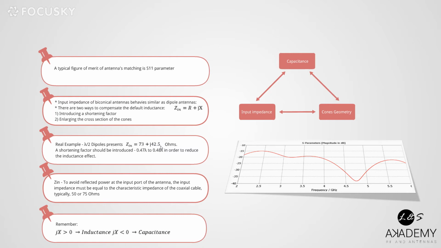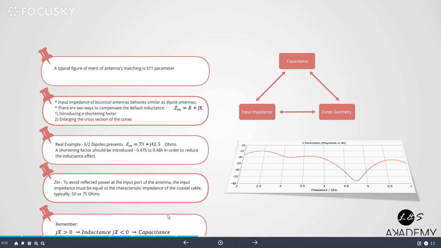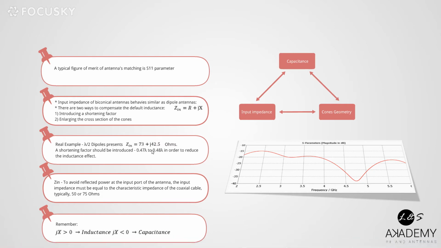In other words, if we introduce a shortening factor, we increase the capacitance effect, which decreases the inductance effect, in order to get the real part. Just this value is what we want to get.